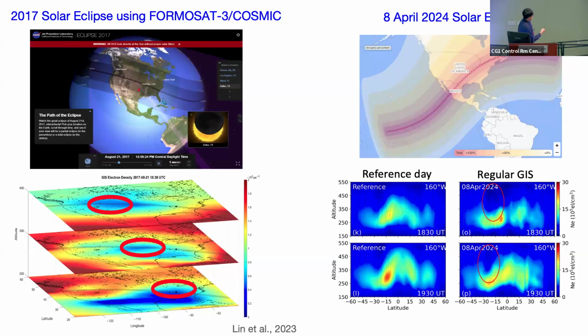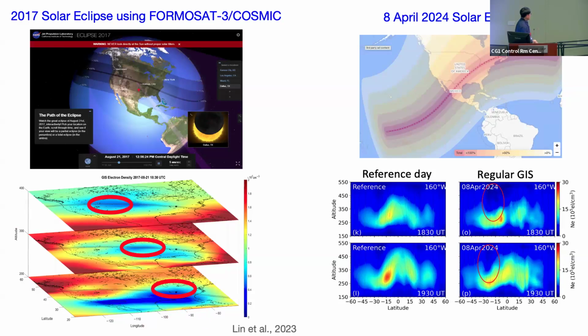One was in 2017, and one is in 2024, this year. In both cases, we can observe the depletion locations at the subpoint of the solar eclipse. This is shown only in the horizontal manner, but at different altitudes: 200 kilometers, 300, and 400 kilometers.